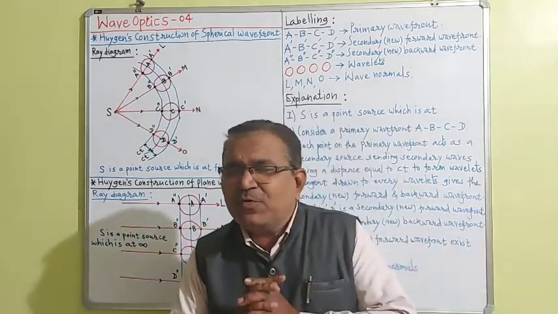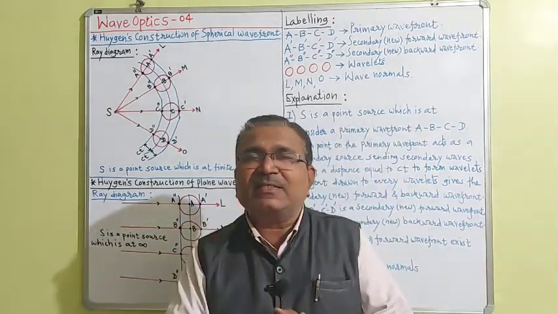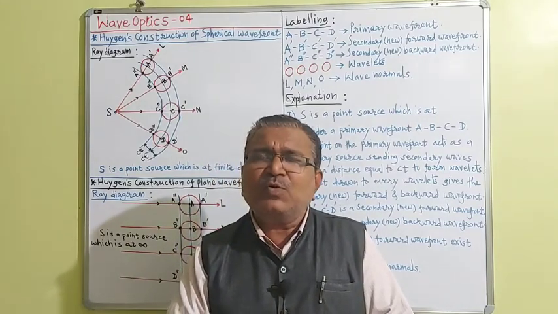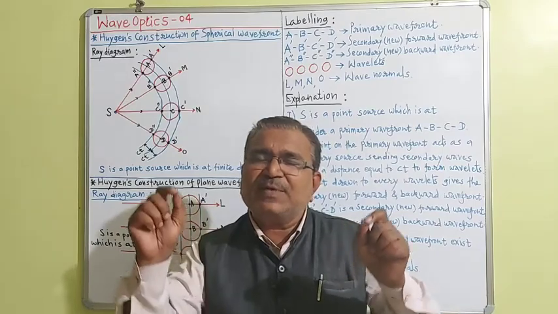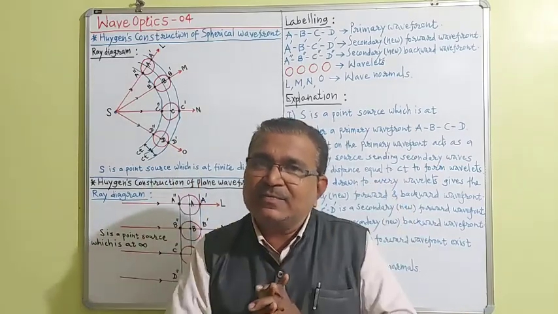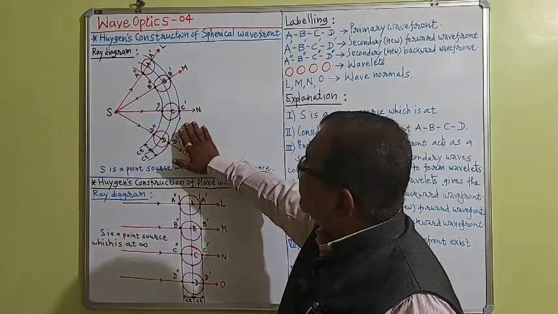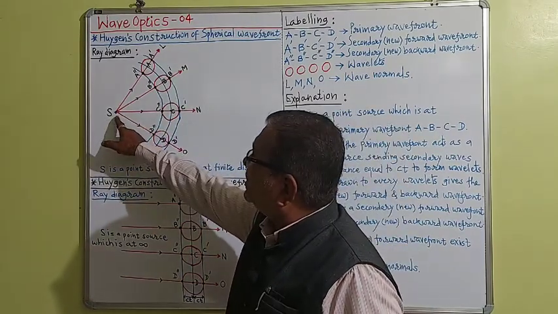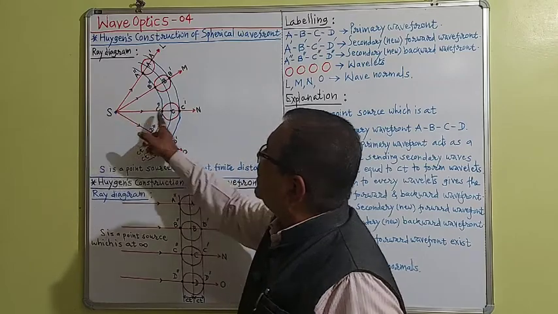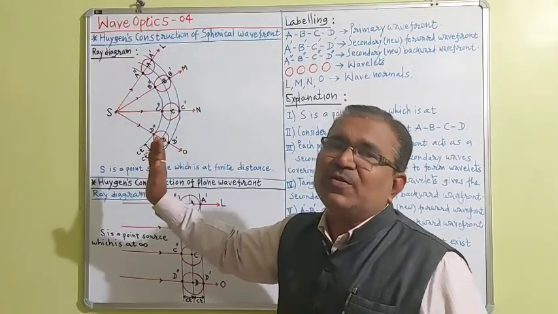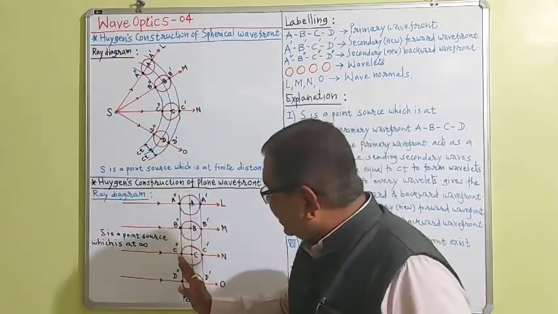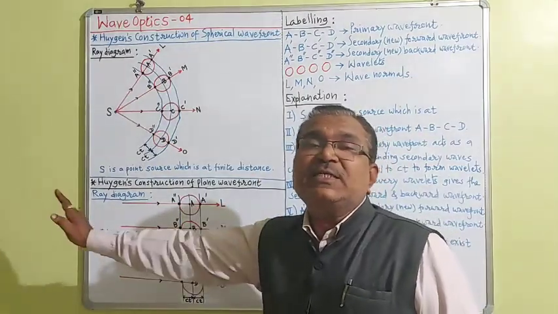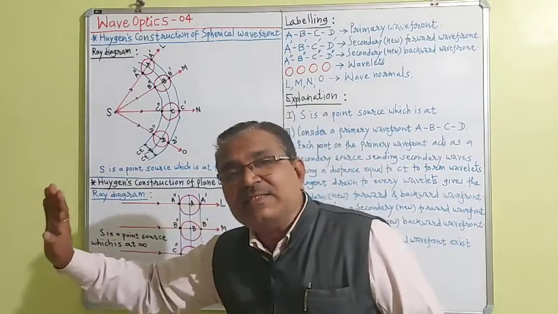Before learning the Huygens construction of spherical wavefront and plane wavefront, the most important difference between the two is that for obtaining the spherical wavefront, point source S is at finite distance. It is nearer to the wavefront. For obtaining the plane wavefront, the point source is at infinite distance.